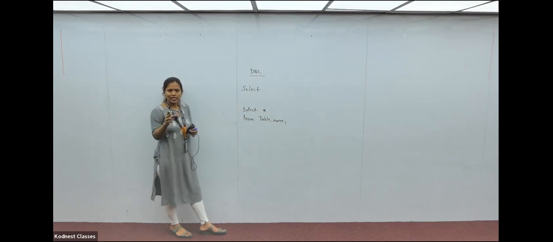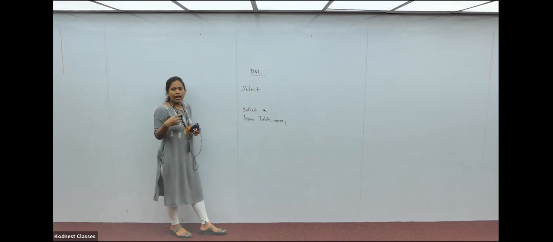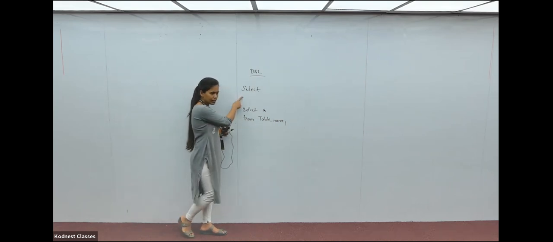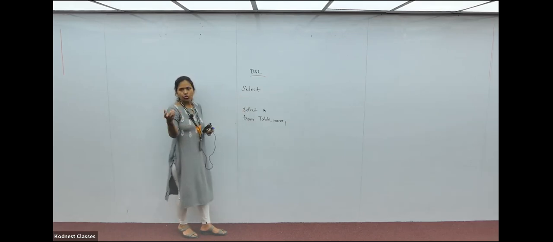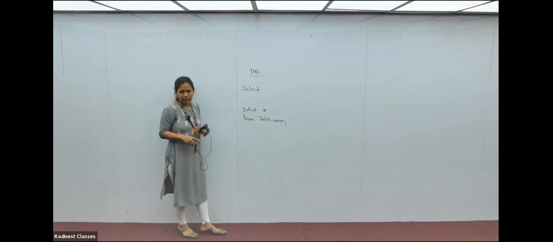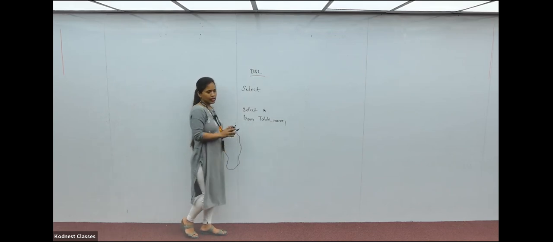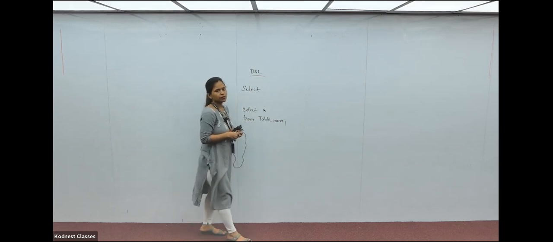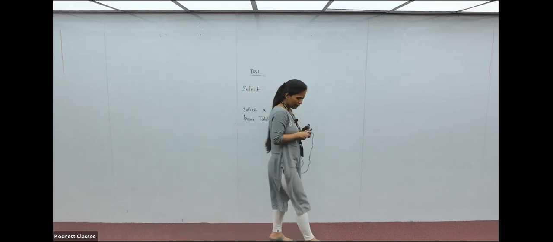So DQL is nothing but data query language. The command of this is used to query or request for the data that is present in the table. And the command happens to be select. So you know the select clause, or select command, is used to retrieve the data or read the data from the table. And the syntax is like this. You can just write: DQL, data query language.